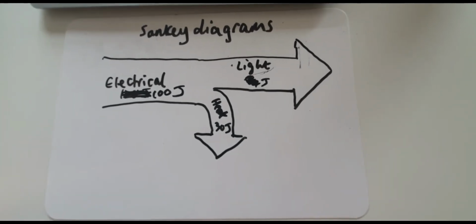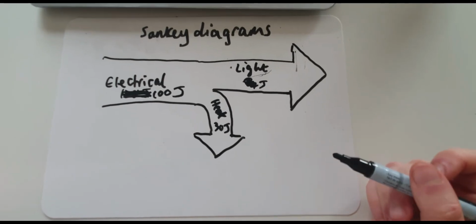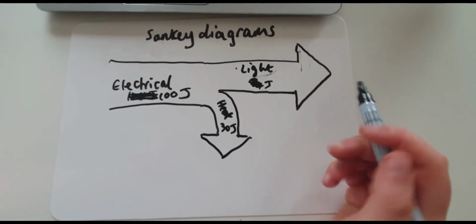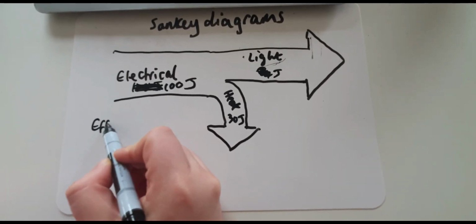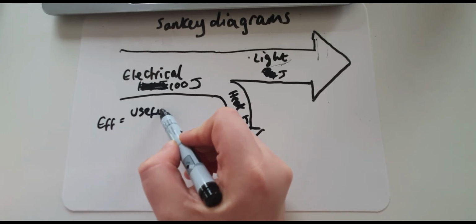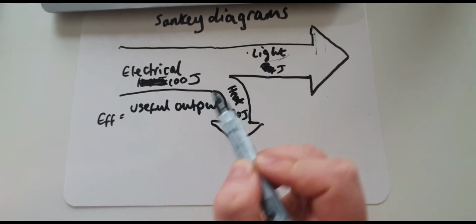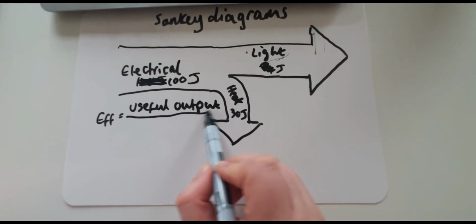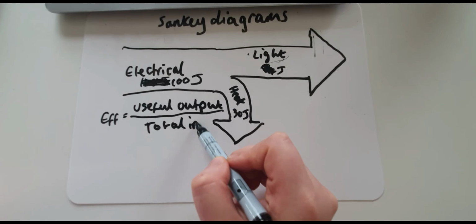The only other thing they can do is ask you about efficiency. Now, you basically use a Sankey diagram. So the efficiency, I'm going to write it over here as a reminder, is useful output energy over total input.